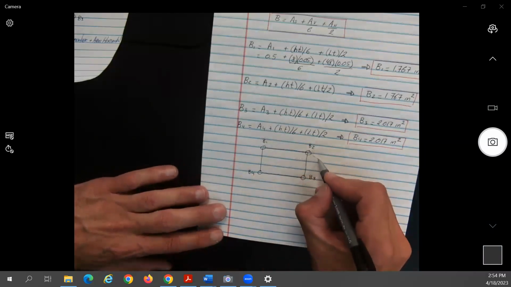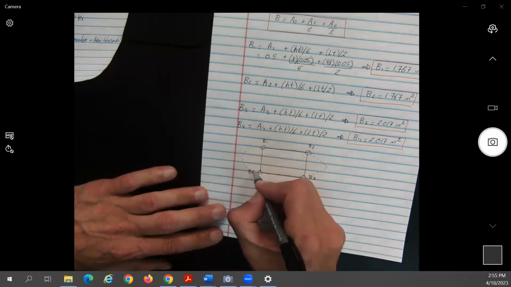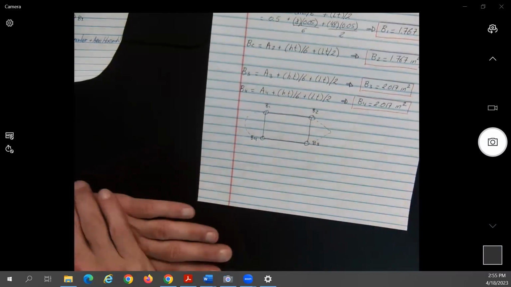If you want, you can draw the parts that are just there for the shape. We don't really take them into consideration in this case.